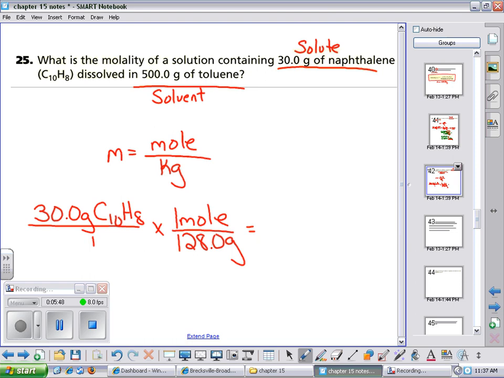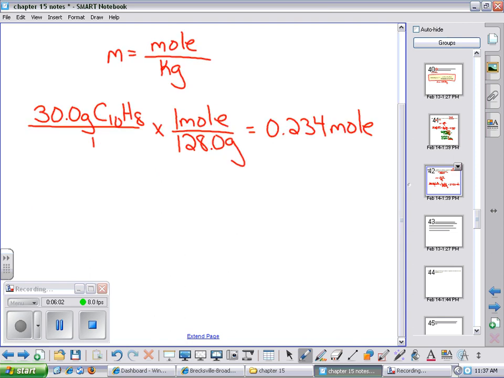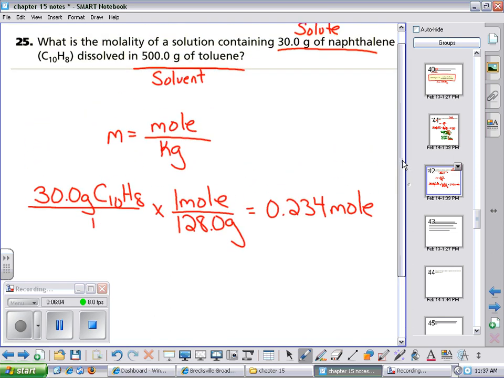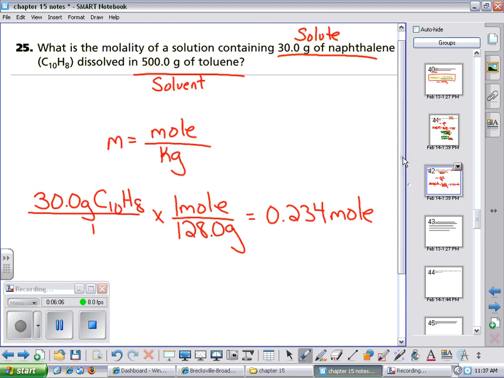So 30 divided by 128 is 0.234 moles of the naphthalene, the mothballs. All right, and then we need to change our grams to kilograms. We need to move it 1, 2, 3 places to the right to change our grams to kilograms.